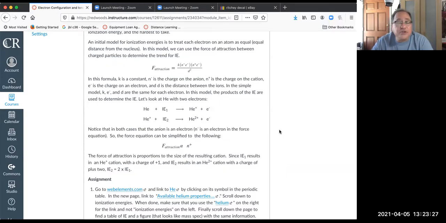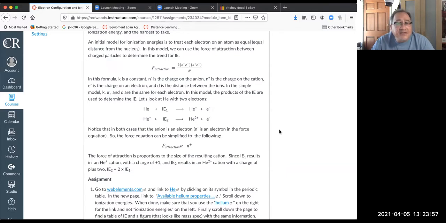It's also proportional to the distance between them. But in both cases, the distance between the ions being separated is the same, so that falls out. The negative charge in both cases is -1, so that falls out. So that means that the force of attraction will depend only on the charge of the positive ion form. In one case, the first one, it's a +1. In the second case, it's a +2.